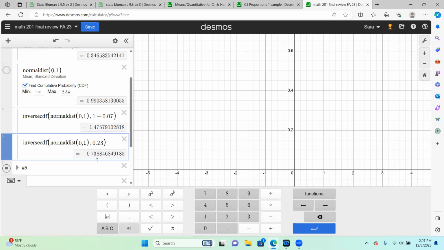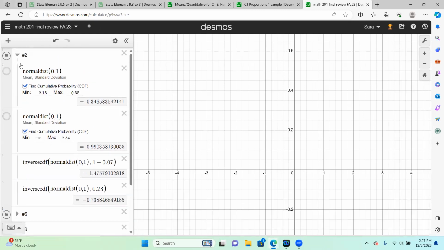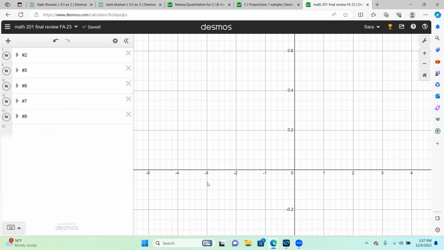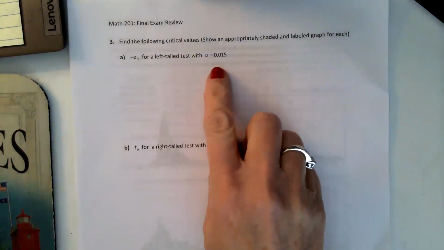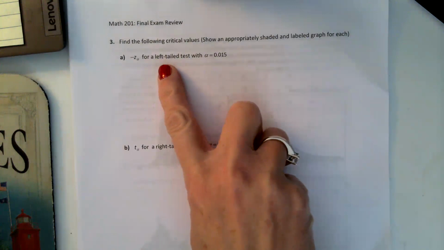Let's look at example 3. Example 3, go back to our paper here. Example 3 says, find the following critical values. So we're looking for a critical value where alpha is 0.015. It's a left-tailed test.